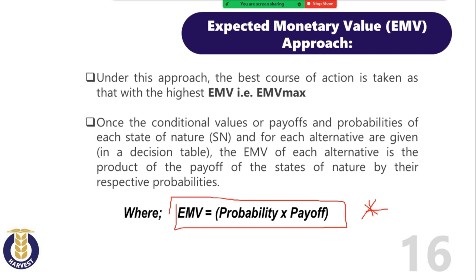The probabilities are for each state of nature, and the states of nature are the events that are not within your own control. So we get the probability, and then for each alternative we know the profit or the payoff, so we are in a position to derive this, and whatever gives us the highest is the one that we are going to select.